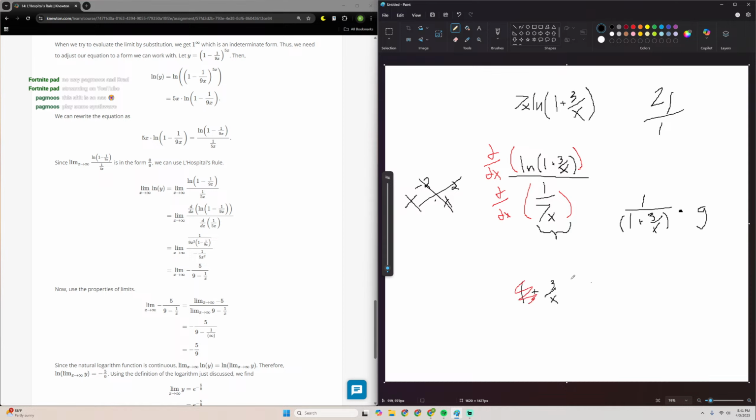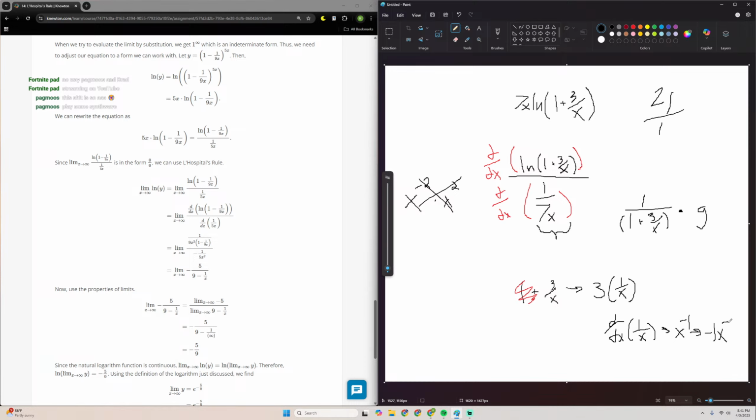Then 3 over x is 3 times 1 over x. Oh, whoops. No. Yeah, actually, yeah. And then the derivative of 1 over x. 1 over x is just x to the negative 1.